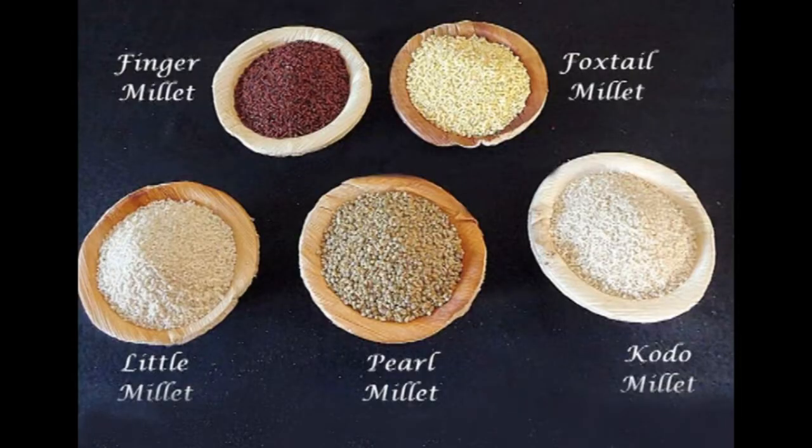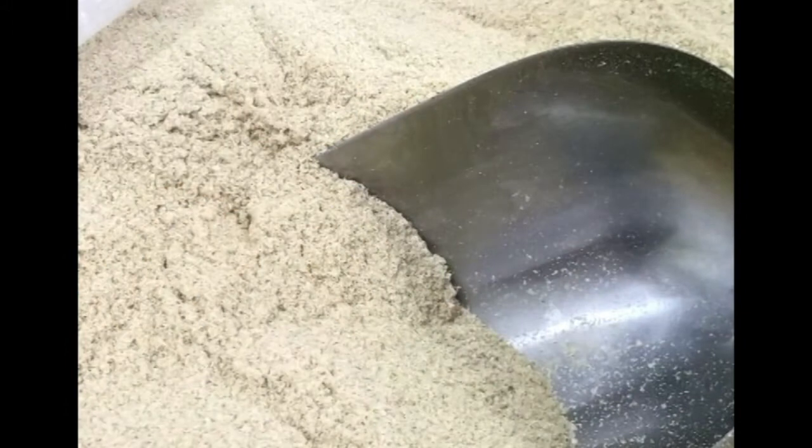And as these millets are mostly eaten directly ground into flour without any polishing and refining, they are eaten as such. So therefore this concludes module 3 of cereals and millets.